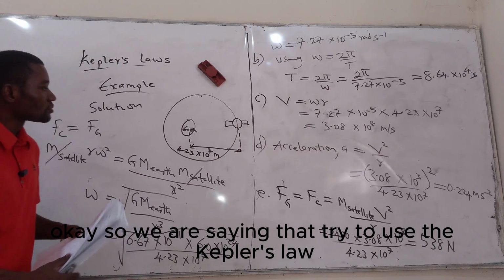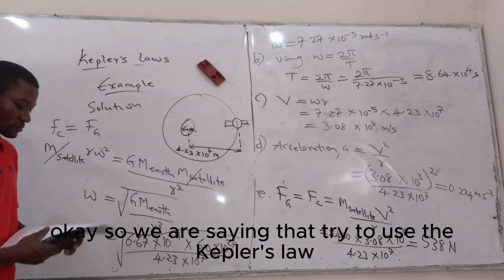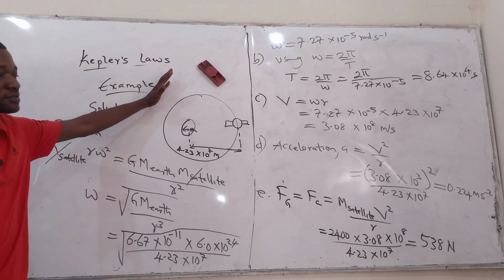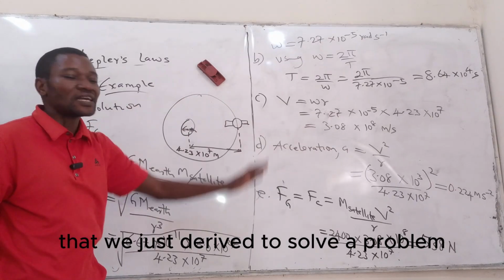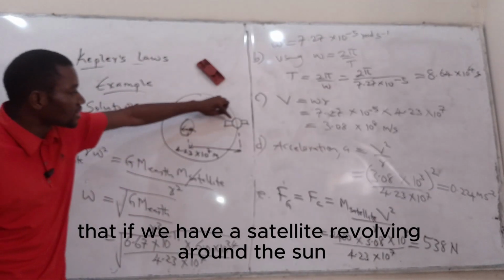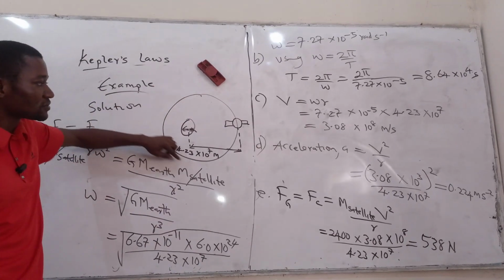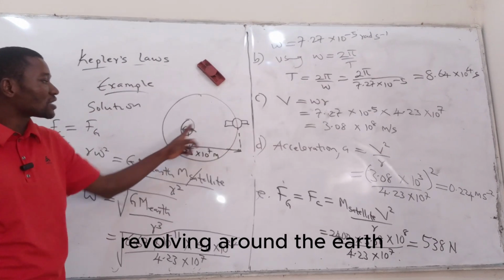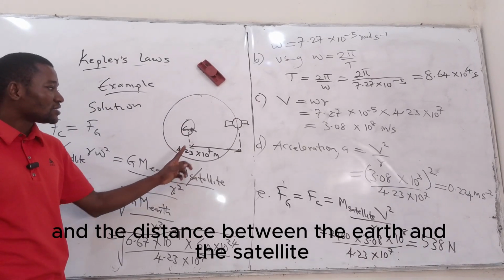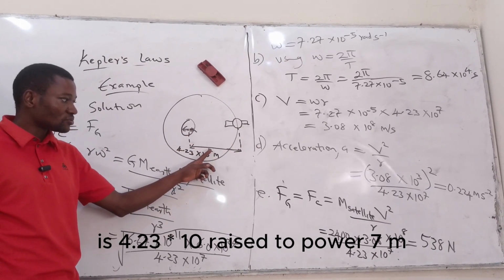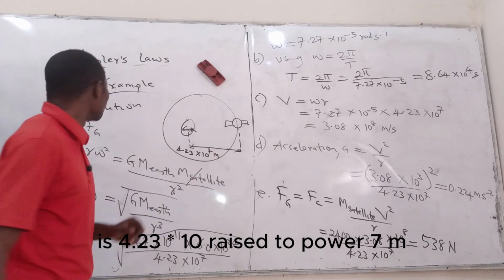Okay, so we are saying that we try to use the Kepler's law that we just derived to solve a problem. If we have a satellite revolving around the Earth in an elliptical orbit, and the distance between the Earth and the satellite is 4.23 times 10 raised to power 7 meter.